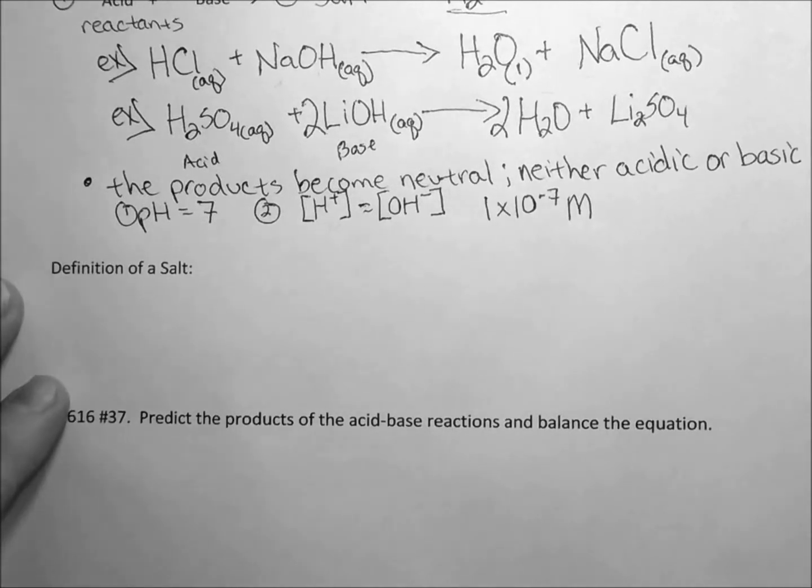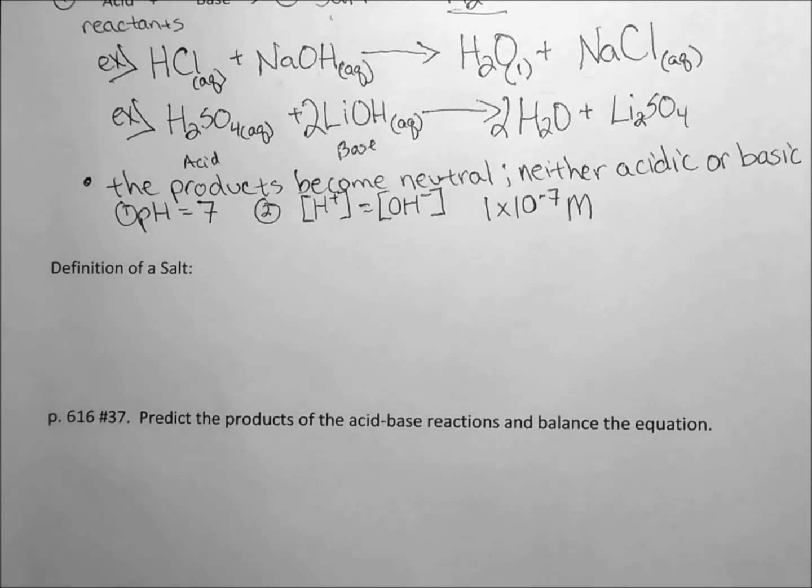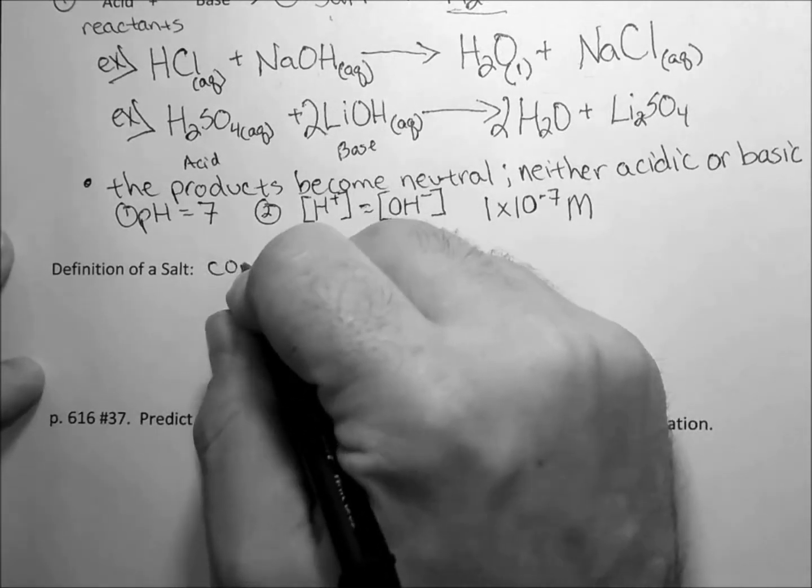Now, here's the thing. I got asked the question earlier, can we just write NaCl instead of salt? NaCl is a kind of salt. Salt is a much broader term than just NaCl. Here's the proper chemistry definition of a salt.